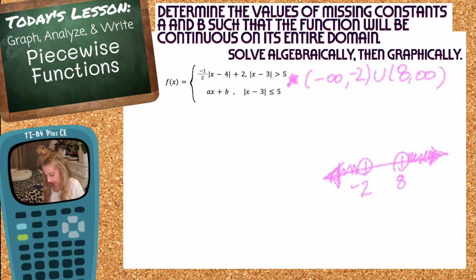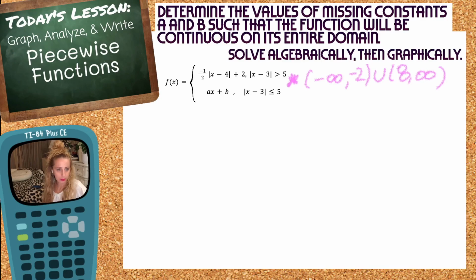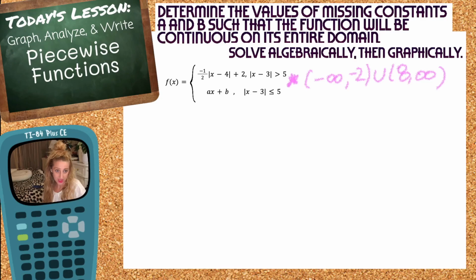Okay, that is the domain for the first part. I think it's maybe self-explanatory in a way that the domain for the part below it is going to be between negative 2 and 8 with brackets instead of parentheses.